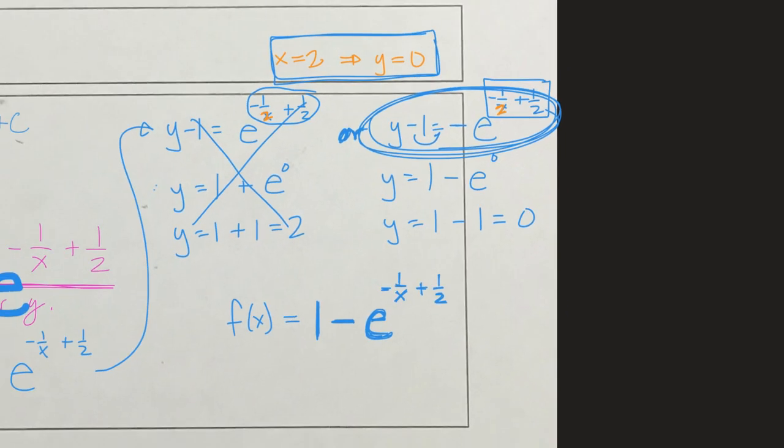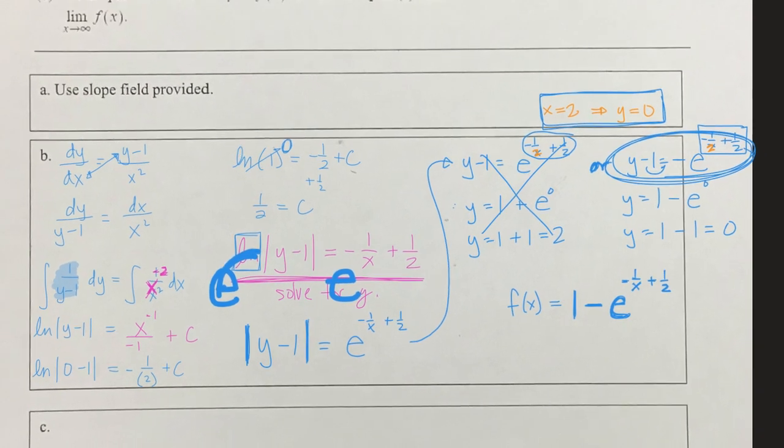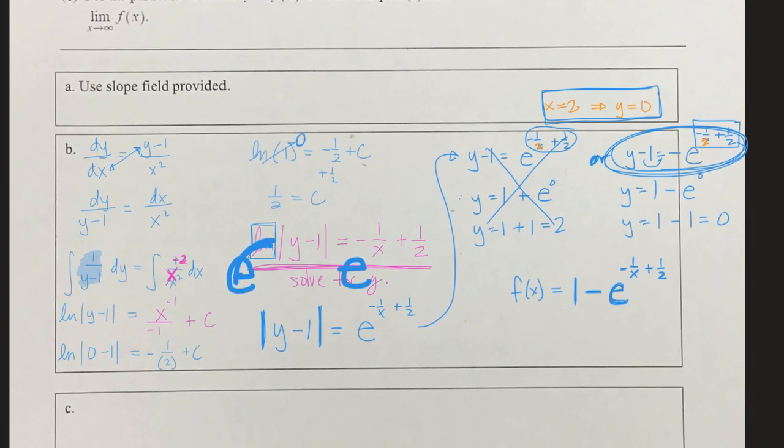There's lots to do here, right? First you have to separate your variables. Then you have to integrate and anti-differentiate. Use the initial condition to solve for c. And then once you solve for c, you have to solve for y.